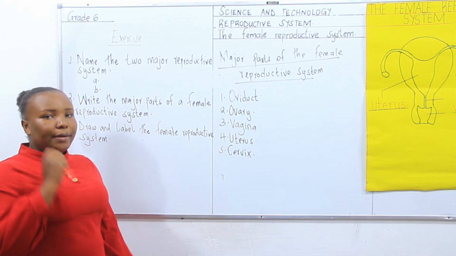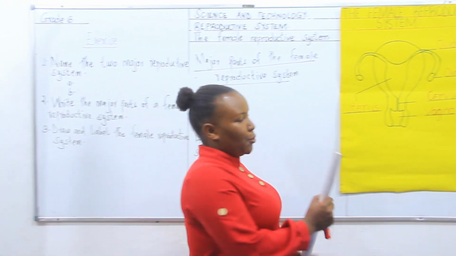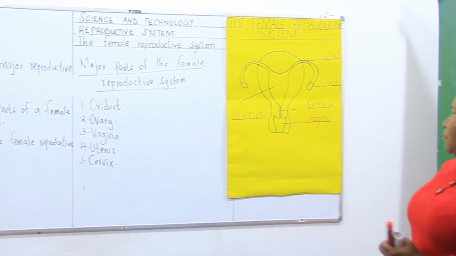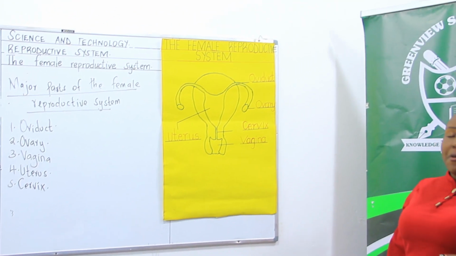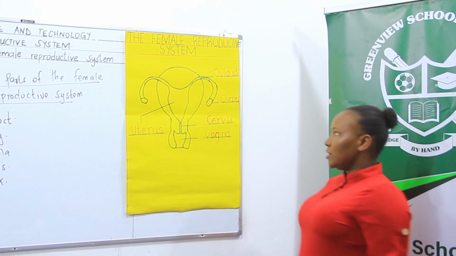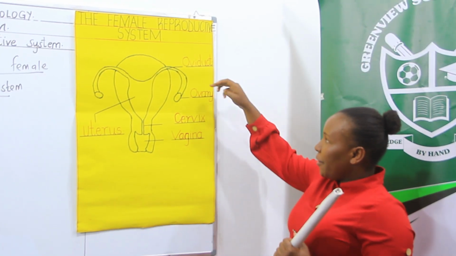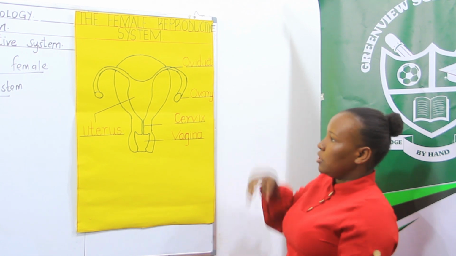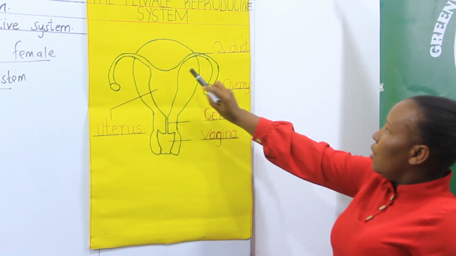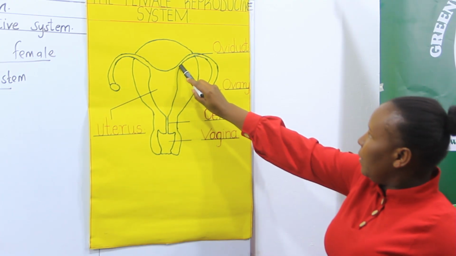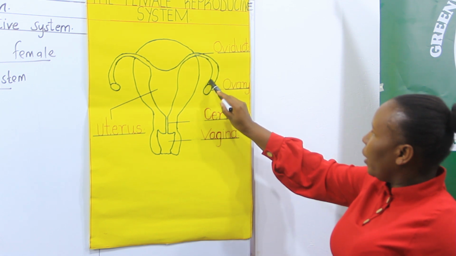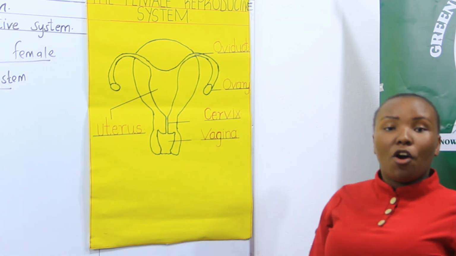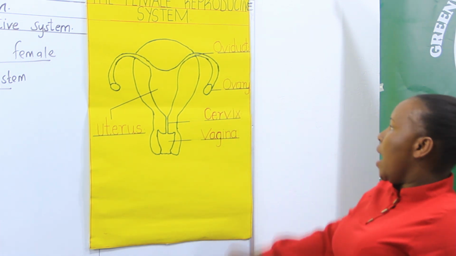On the other side, I will take you through the picture of how the female reproductive system looks like. And these are the different parts that we have outlined on the other side. This part from here up to here, we call it oviduct.